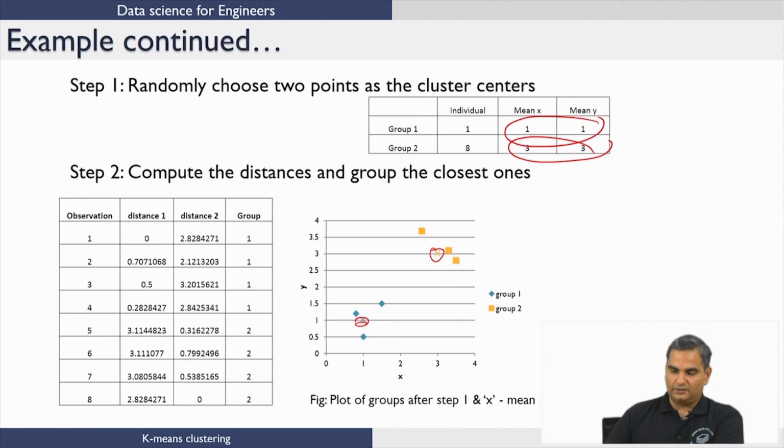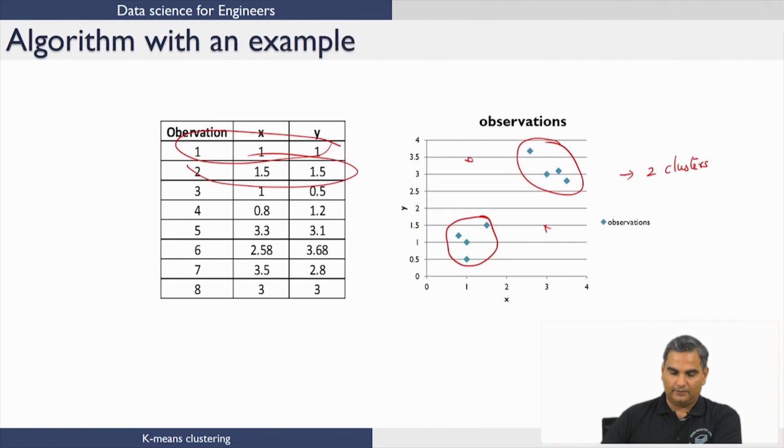The way we have chosen this, if you go back to the previous slide and look at this, the 2 cluster centers have been picked from the data itself. The one group center was observation 1, the other group center was observation 8. Now, you could do this, or like I mentioned before, you could pick a point which is not there in the data also, and we will see the impact of choosing these cluster centers later in this lecture.